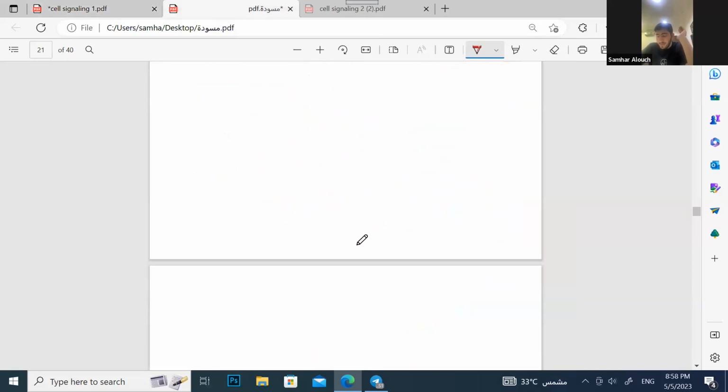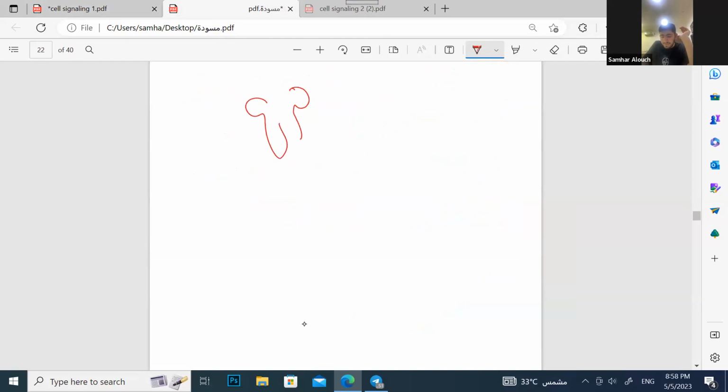So we have the receptor. Once the ligand binds, tyrosine kinase gets activated. Tyrosine kinase wants to phosphorylate, so it must phosphorylate Ras. But the issue is that Ras doesn't have SH2, which can bind to the tyrosine kinase. So how can Ras be phosphorylated?